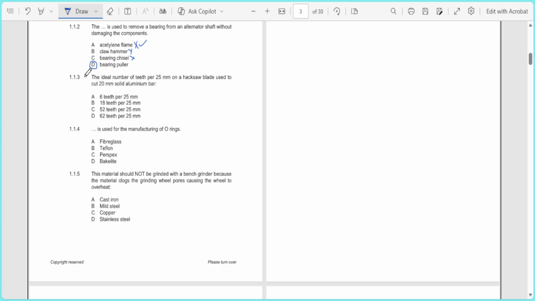Now for 1.1.3, let's go through this. What is an ideal number of teeth per 25 millimeters on a hacksaw blade used to cut 20 millimeter solid aluminum bar? I'm just giving this one some thought. Aluminium, first of all, is a very soft material, especially when it comes to trying to use a hacksaw blade on it, right?